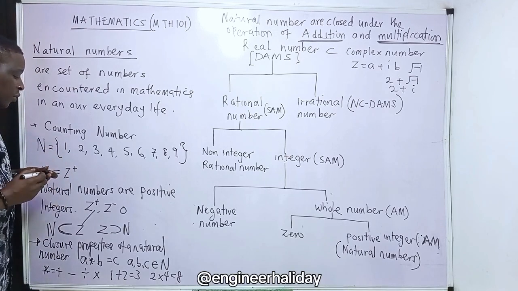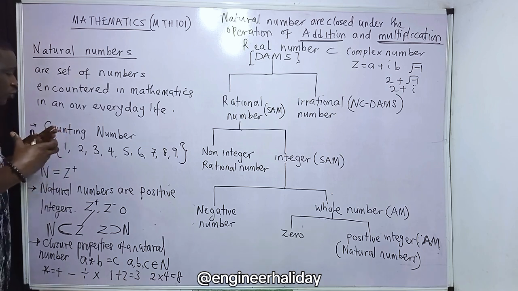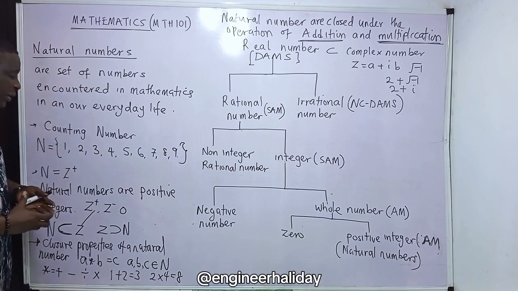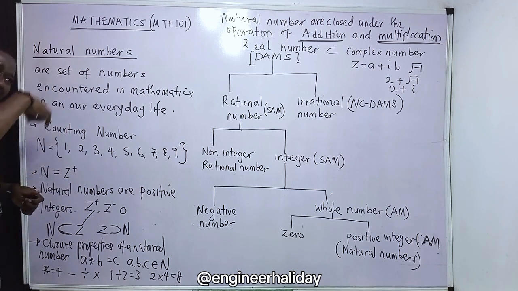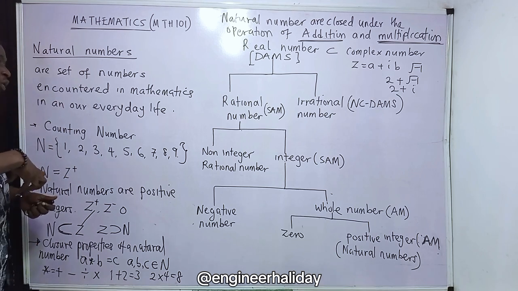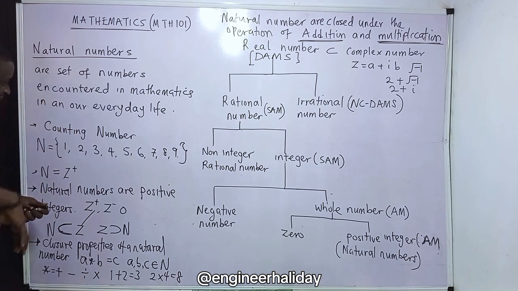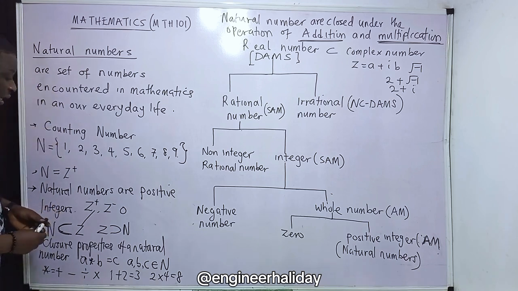So a closure property is a property in which two elements are operated to give another element, in which all the elements belong to the main set considered.